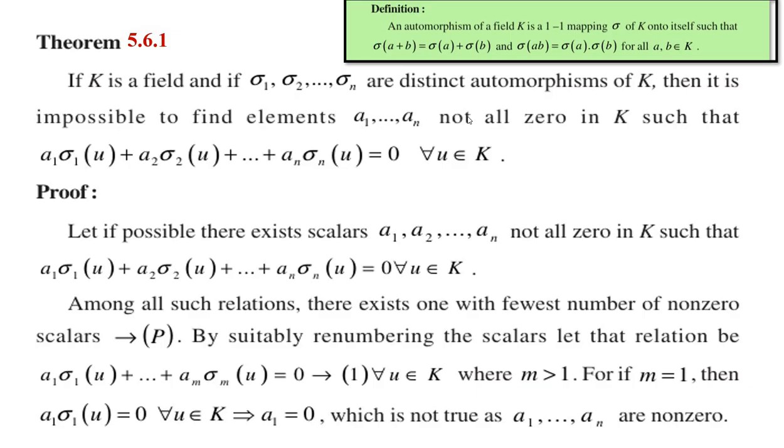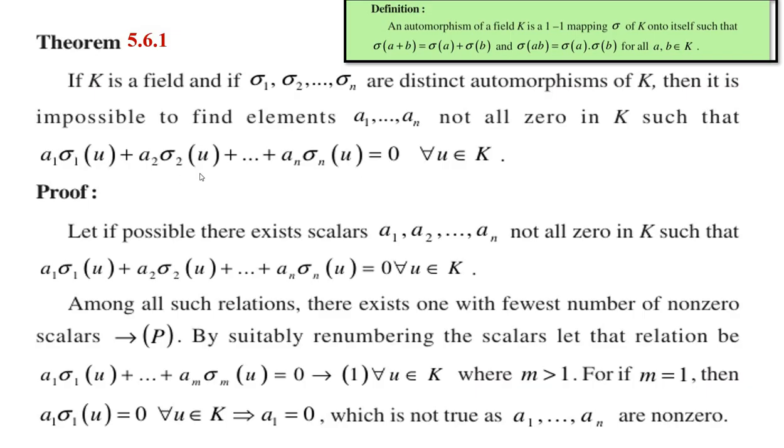So one negative here, one negative here. That means we should not find elements a1, etc., an, not all 0, in K such that this linear combination equals 0. This mapping is meaningless unless it acts on some element from K, because all the mappings are from K to itself. So that's the reason that it is given in this way.